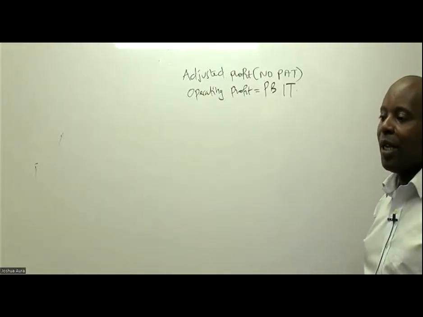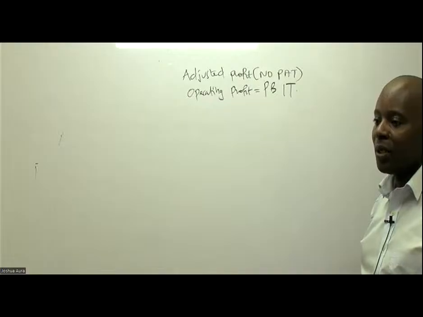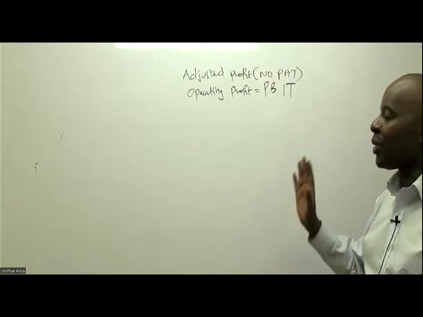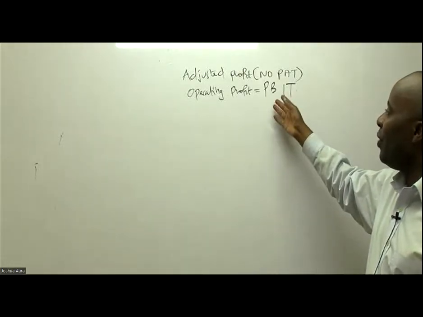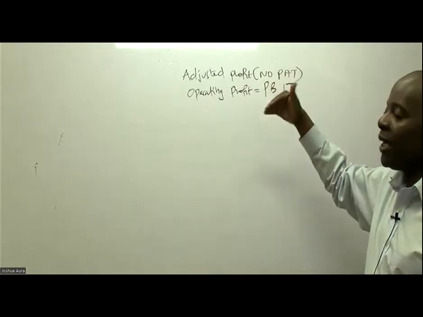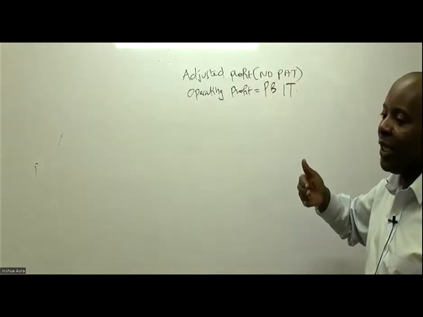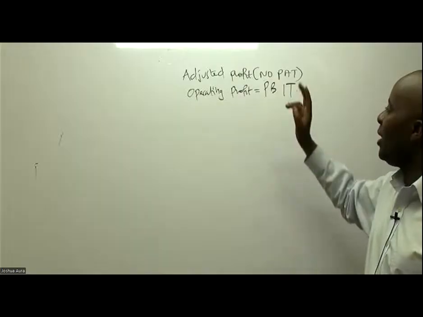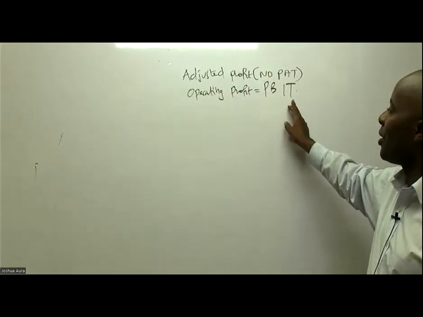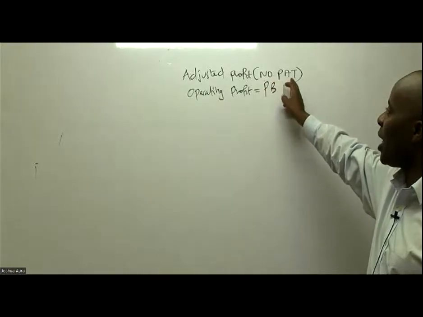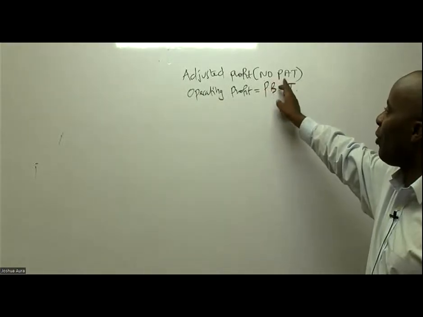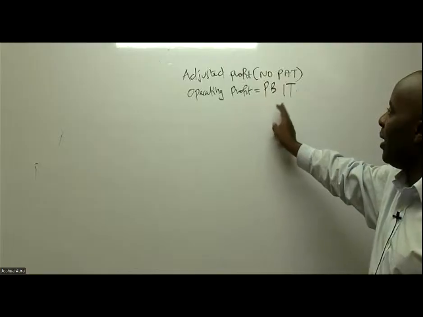What you're supposed to do to get this PBIT is very easy. Just look at all the items affecting our profitability and leave out the interest and the tax. Later on, of course, it will be required to adjust, to get net operating profit after tax, by deducting the tax aspect.